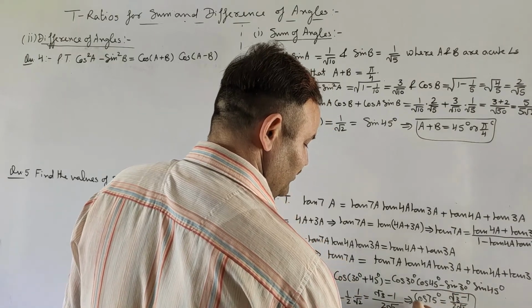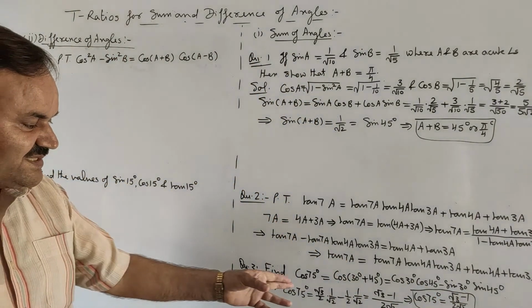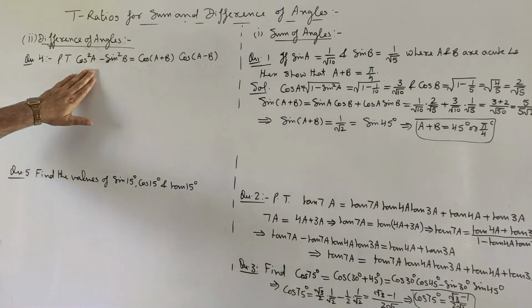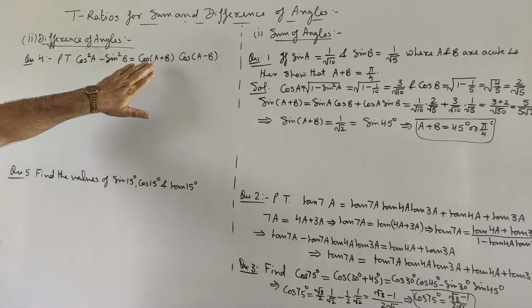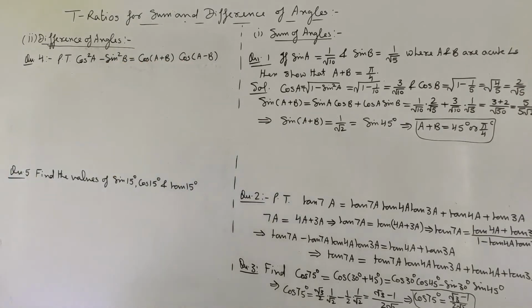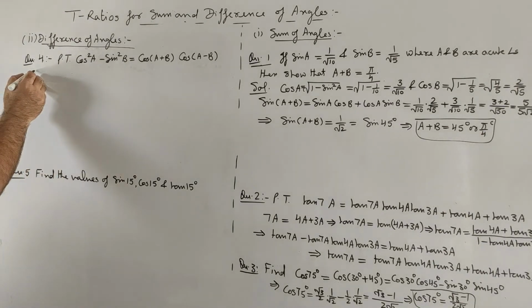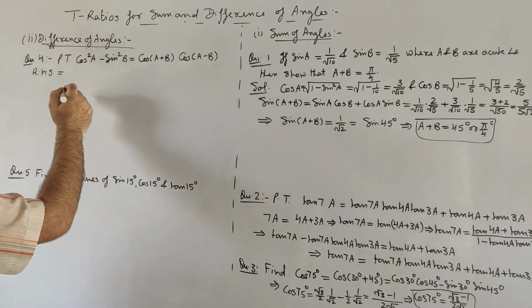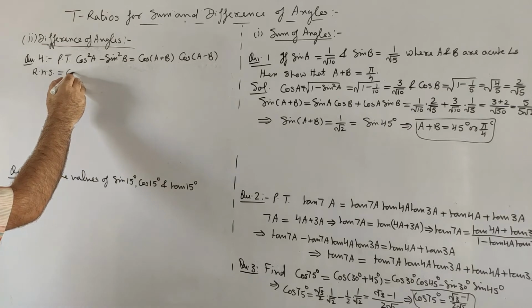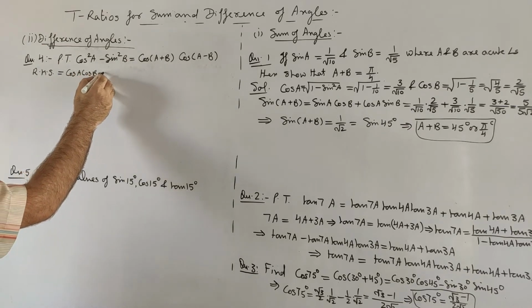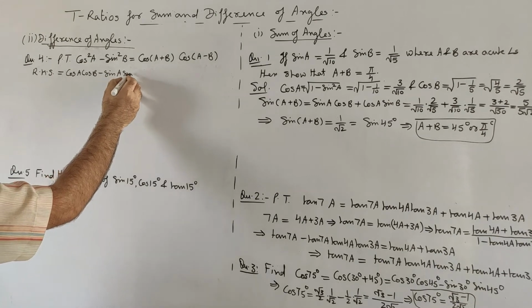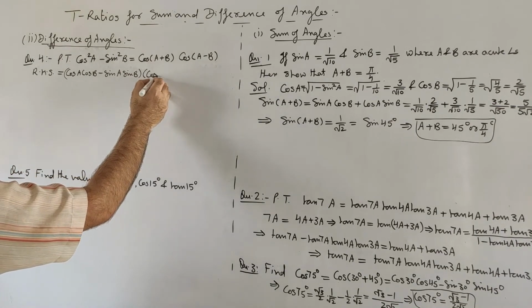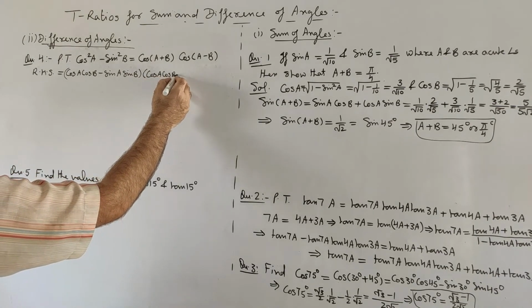Similarly, we can find the values of sin 75 degree and tan 75 degree. Now come to the fourth question. Here we have to prove cos square a minus sin square b is equal to cos(a plus b) into cos(a minus b). For that, we take the right hand side, which is cos(a plus b) cos(a minus b), and cos(a plus b) can be written as cos a cos b minus sin a sin b, multiplied by cos(a minus b), which is cos a cos b plus sin a sin b.